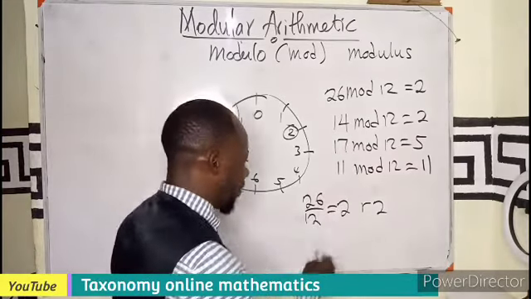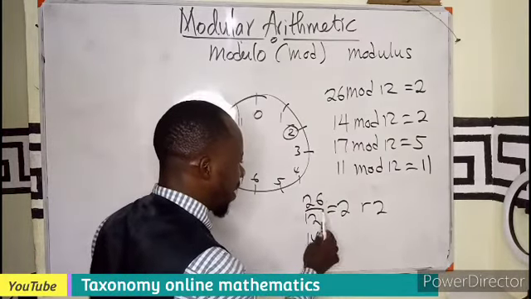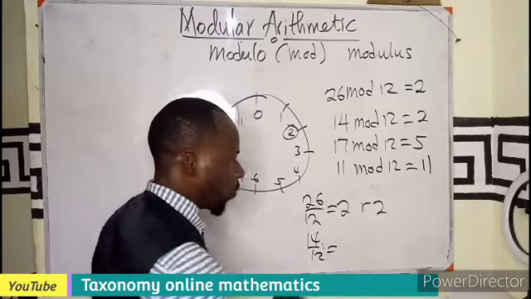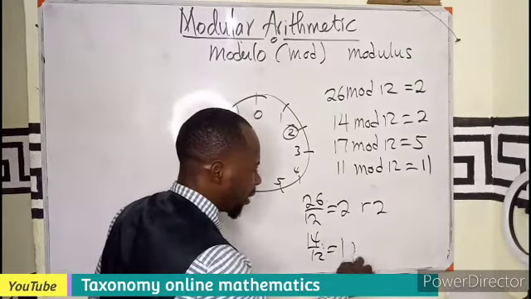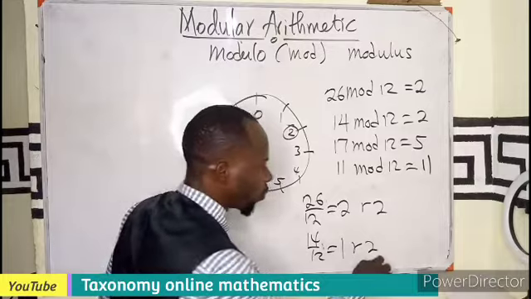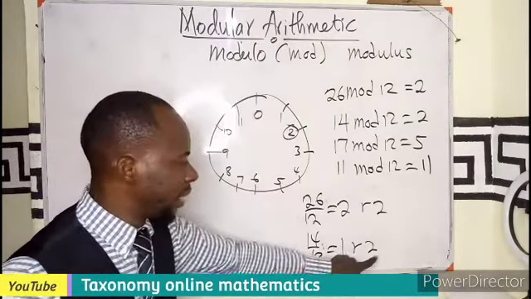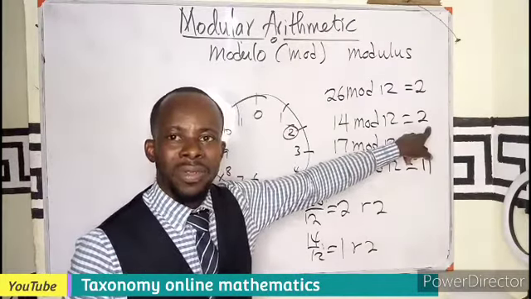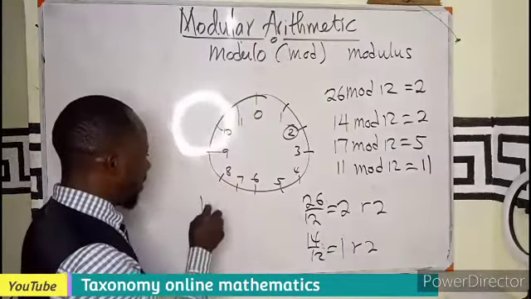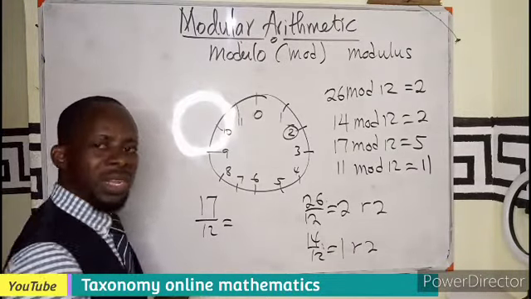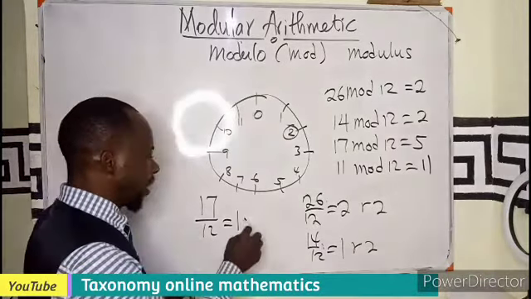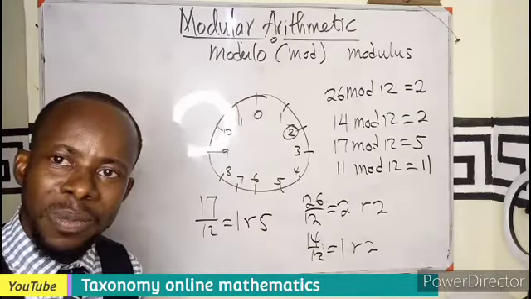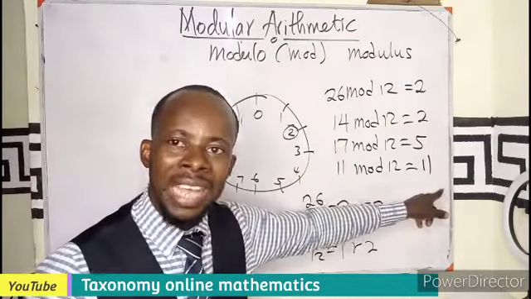If I take 14 divided by 12, it will be 1, remainder 2. You can see 1, we don't need it. It is the 2 that we have. If I have 17 divided by 12, 12 goes here, 1, remainder 5. So 5 is my answer.